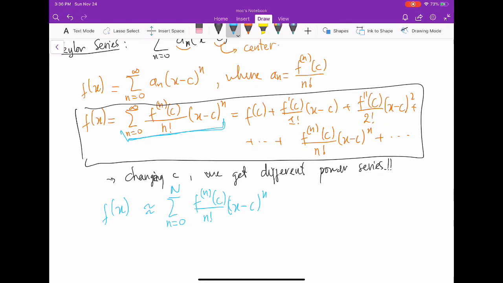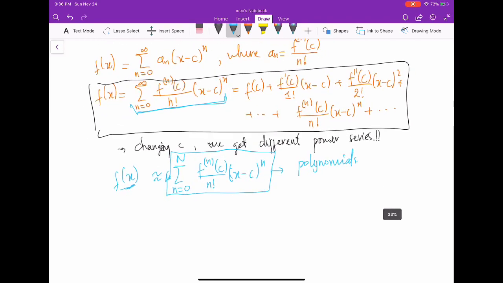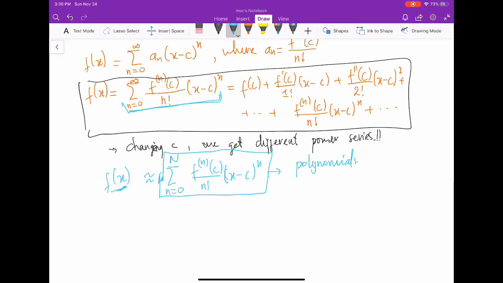So basically, you cut that and then you approximate your function by this part. And again, this is just a polynomial, and once you have a polynomial, it's always easy to work with. That's it. And if c is equal to 0, this series is called the Maclaurin series. It's just a very special case of this.